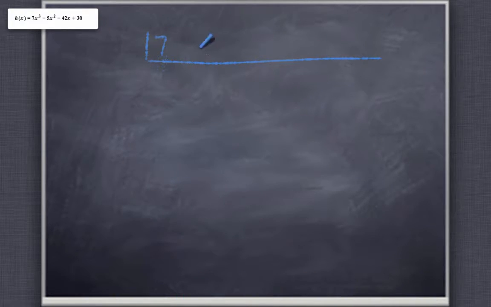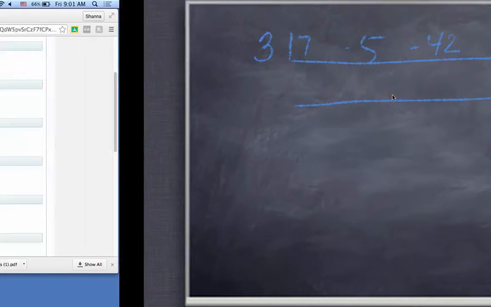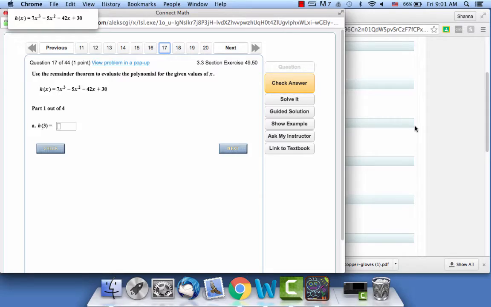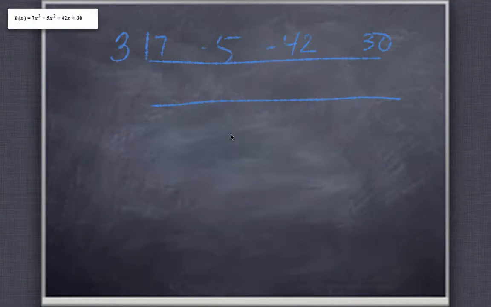Seven minus 5 minus 42, 30, and I'm not missing anything. I have cube, squared, x, number, all. I wanted to find the value of h of 3, so I just put 3 over there. If I was trying to factor it out, I'd be factoring out x minus 3, but when it says to evaluate h of 3, I put 3 there.